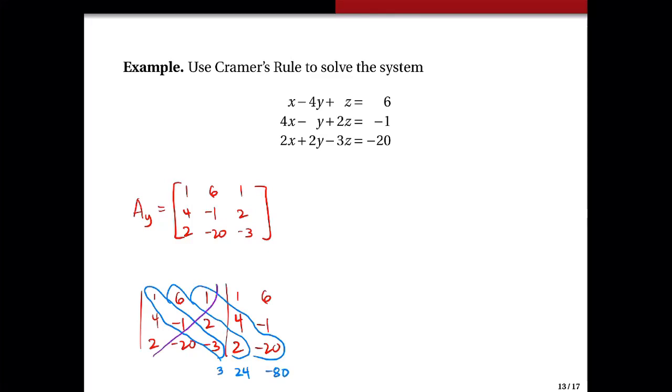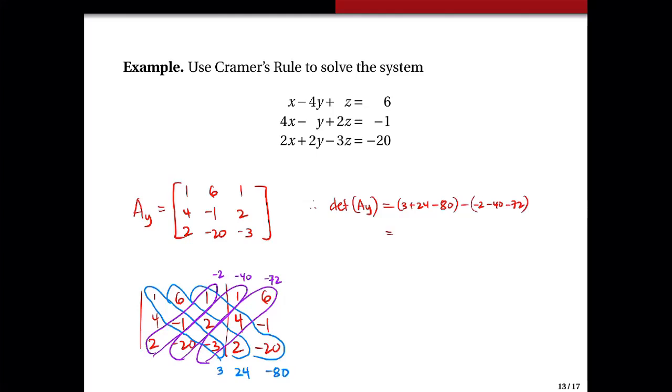And then for this guy here and this guy here, we have negative 2, negative 40, and then negative 72, which means that determinant of A sub y is equal to 3 plus 24 minus 80 minus negative 2 minus 40 minus 72.